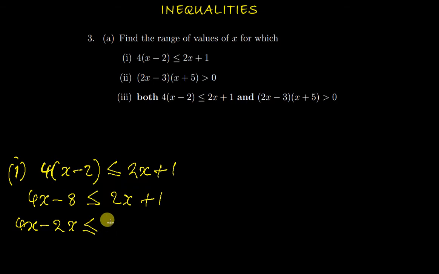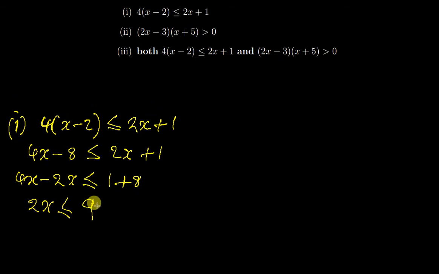When we have less or equal to 1, then when this negative 8 crosses the equal sign, we're going to have positive 8. So 4x minus 2x gives us 2x, less or equal to 1 plus 8, which gives us 9. So we can now divide by 2 on both sides.